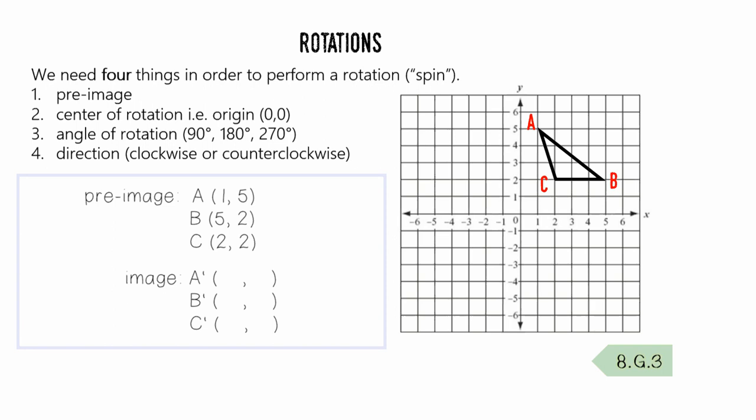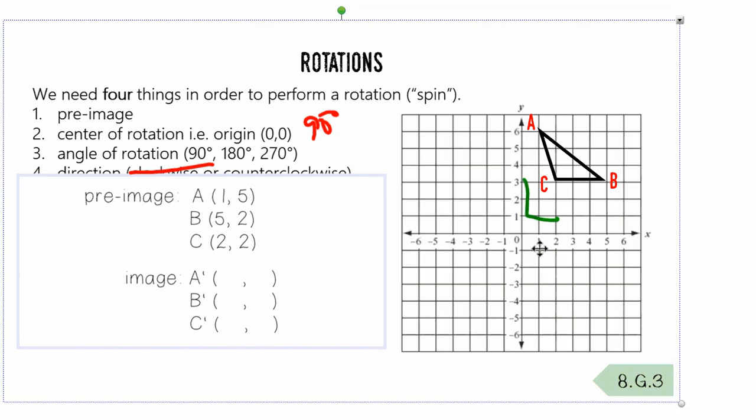So for 90 degrees and 270 degrees, I do have to be given a direction. So let's go ahead and do 90 degrees clockwise. We're going to use this same shape, and I'm going to do the same process as before, but I'm going to move a little bit quicker. I'm going to connect the origin over to point C with my hook, and I'm going to rotate that hook 90 degrees clockwise, and I'm going to bring it down.